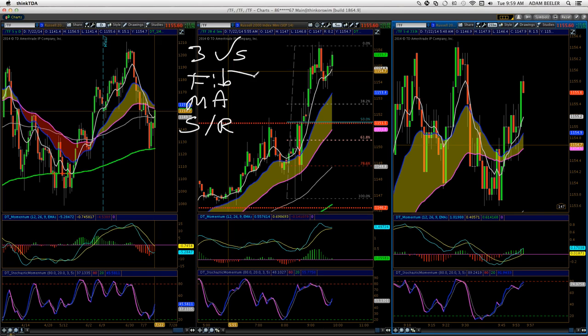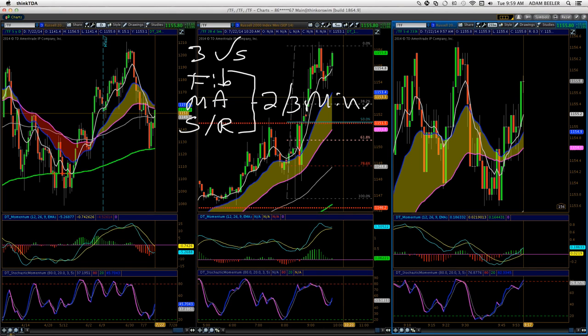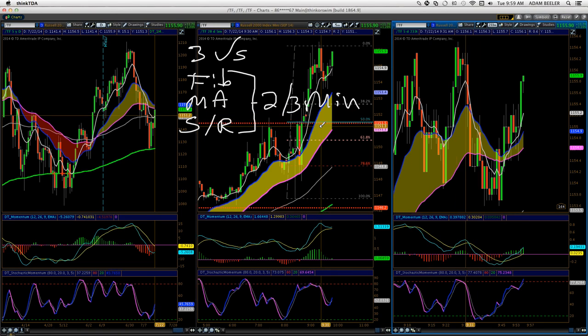In order for me to take a trade, I must have a minimum of 2 out of 3 checks for all my trades. 3 out of 3 is great, and we'll get that a lot, but we're willing to take these if we get 2 of the 3 as a minimum. So let's start there.